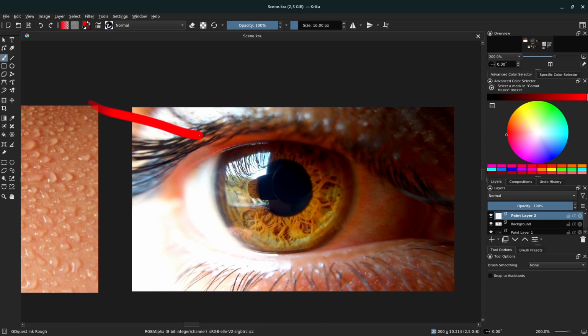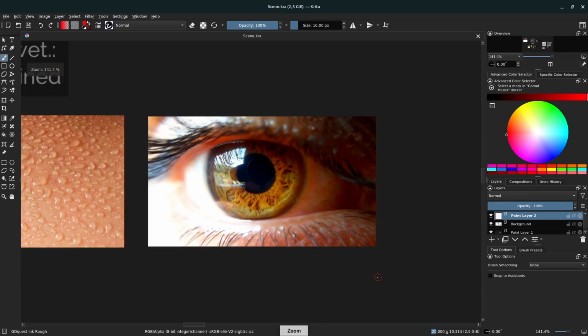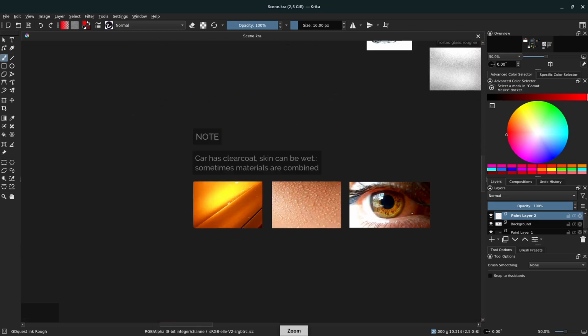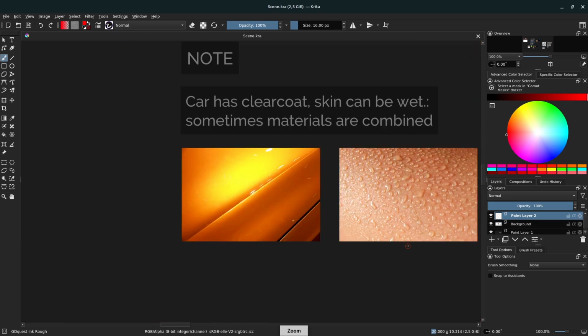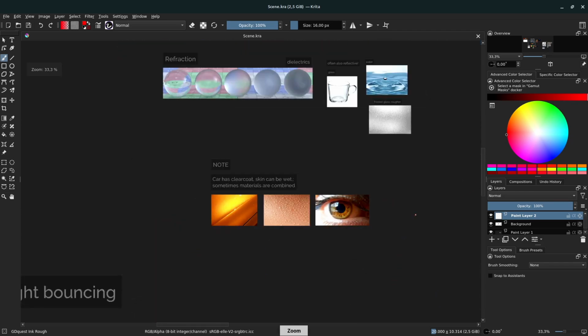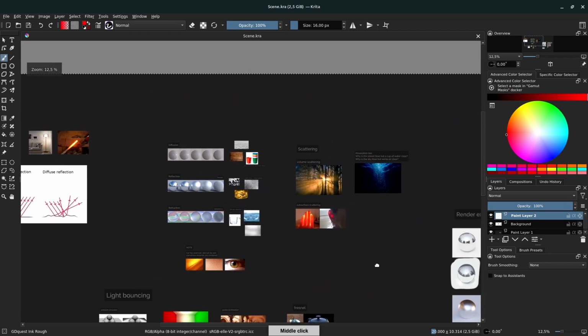Light's coming in from here, and maybe this part is a little bit in shadow, but it can bounce around a little bit. So the eye is an example of so many materials coming together, and there's hairs, there's so much going on. So that was just to make you aware that, for example, a clear coat is actually a second material with another type of highlight and another roughness.